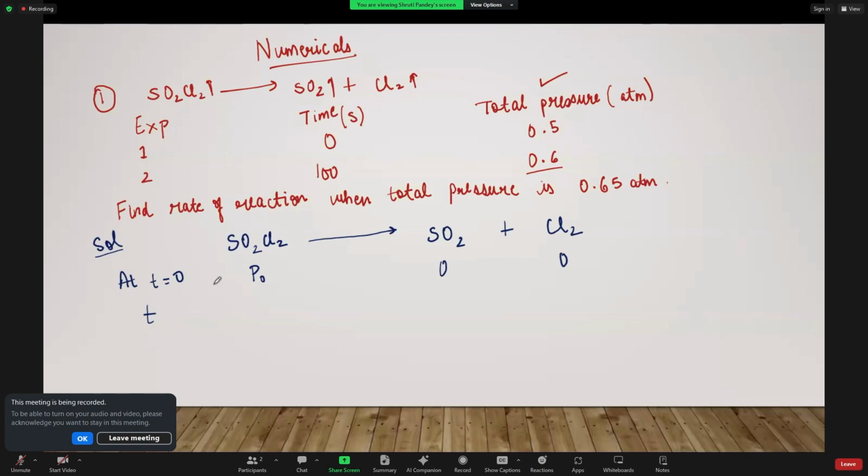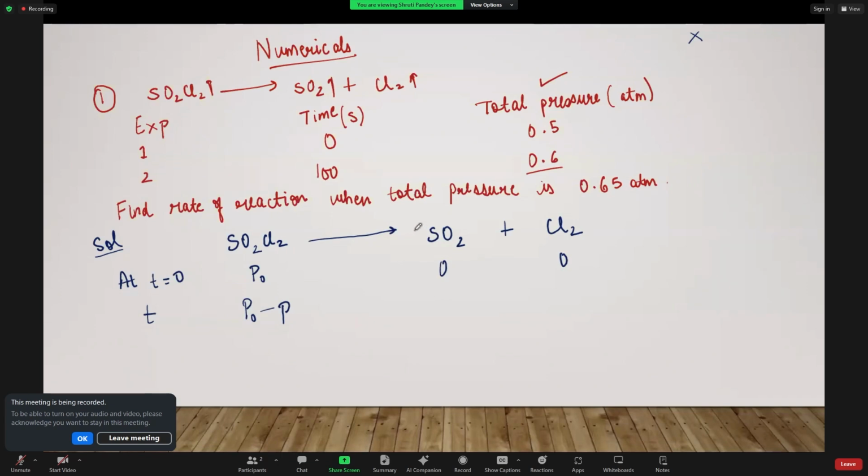Because in terms of concentration we take x, assuming the concentration has decreased by x, similarly here we will take small p. So suppose the partial pressure of SO2Cl2 has decreased by small p. So finally at time t this would be P naught minus p.